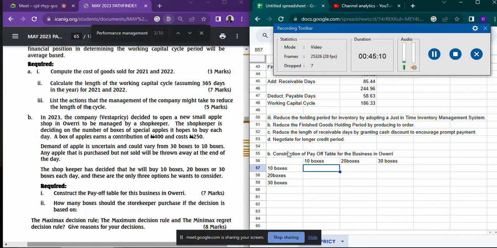If he decides to buy 10 boxes and sell 20 boxes, he will have 400 times 10 for the contribution. Sorry, come again. Like from the beginning, the 10, 20, 30, vertically and horizontally. Now let me start again, please.